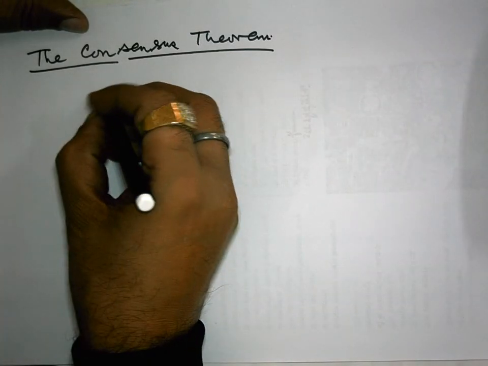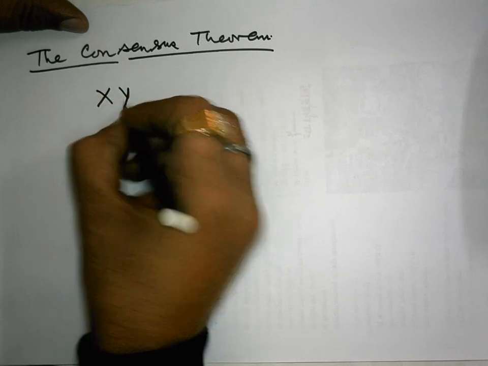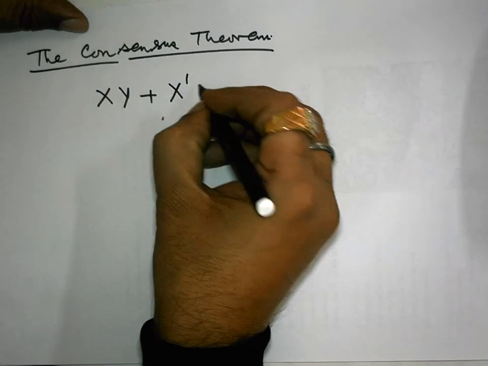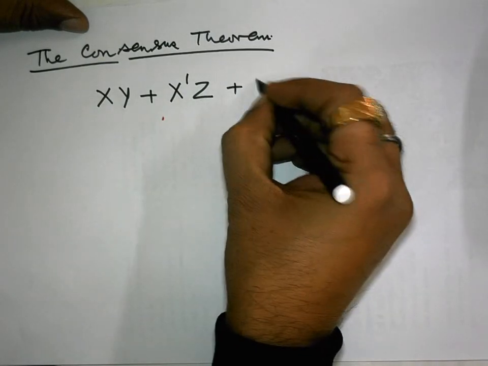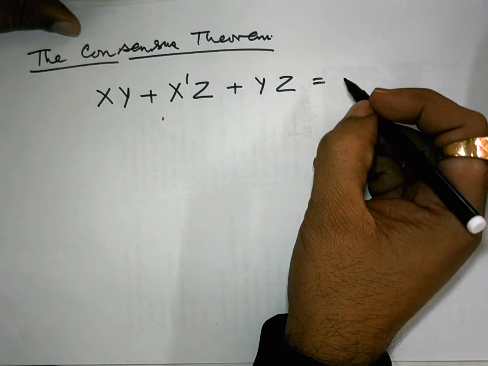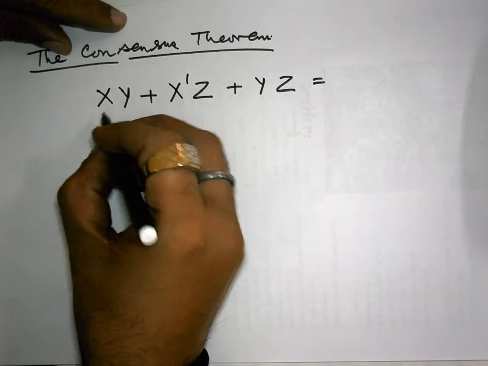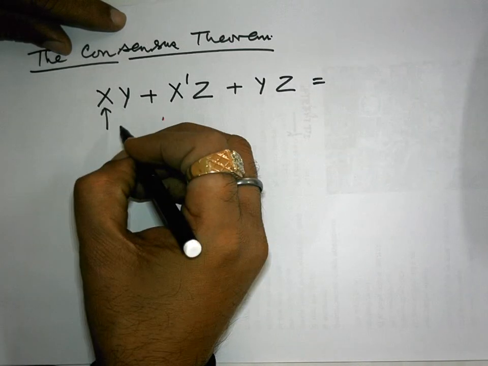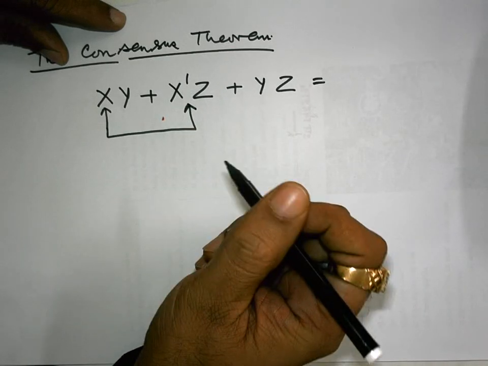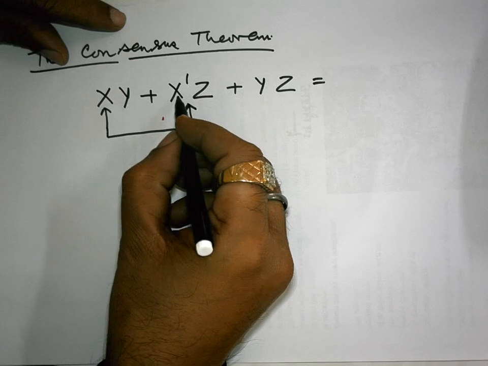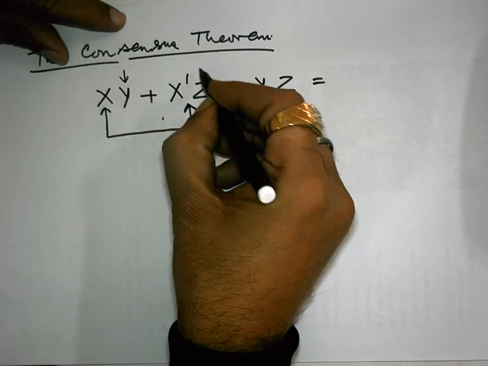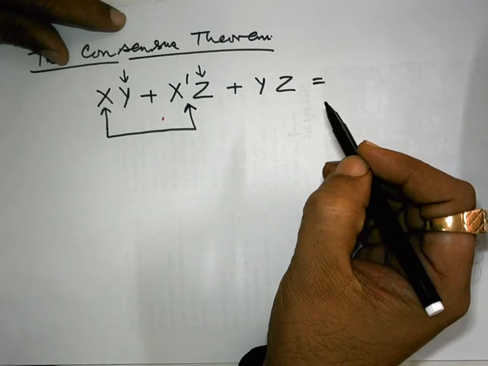What this consensus theorem says is that suppose we have an expression like this, xy plus x bar z plus yz. If you have a variable over here and its complement in this term, x bar is the complement of this, and you have two variables y and z.